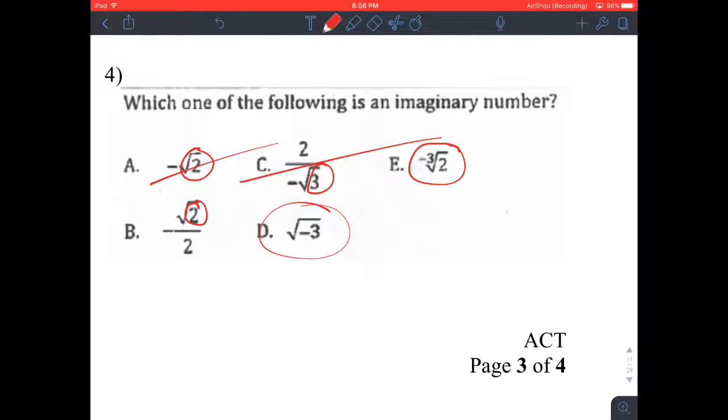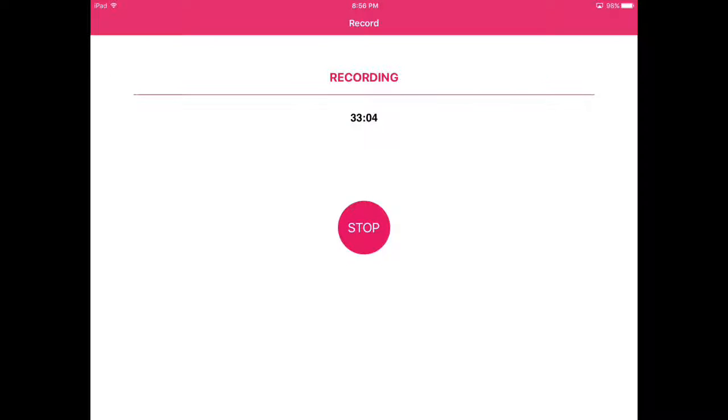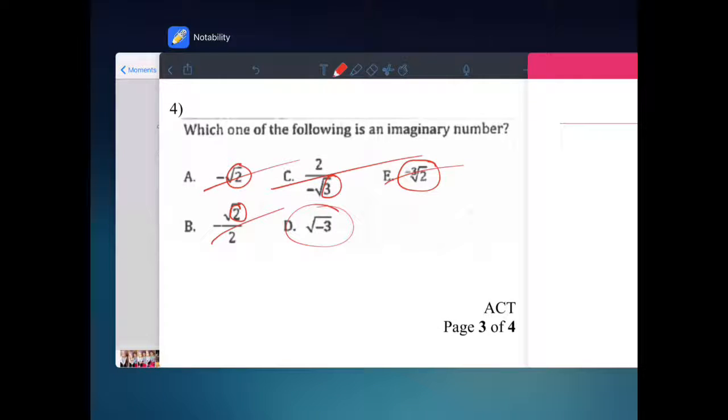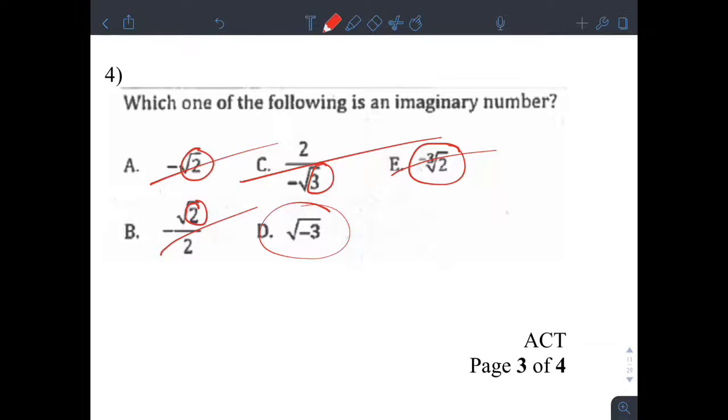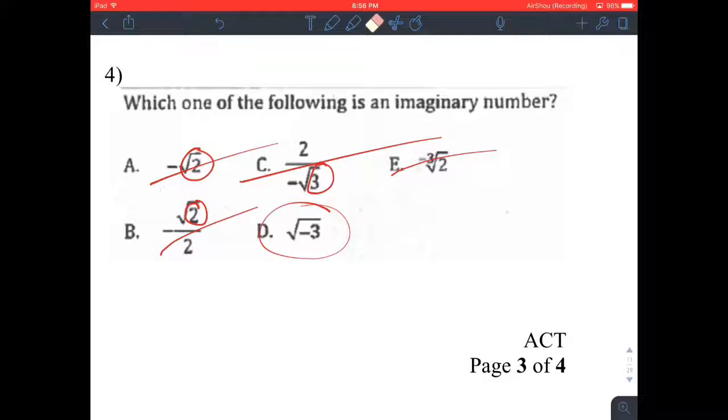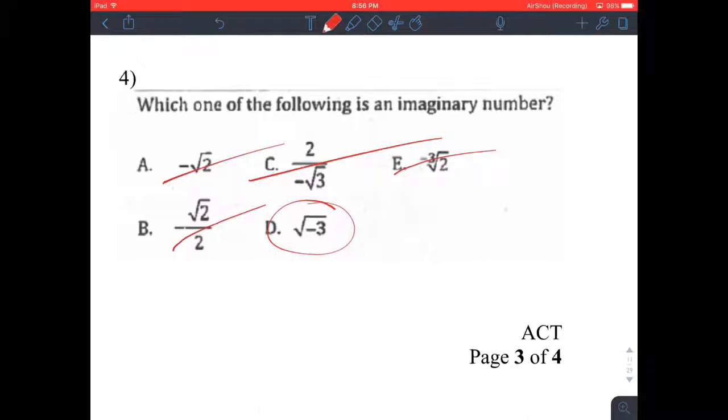It's imaginary because, I shouldn't have circled those. Whoops. Sorry about that. User error. I should not have circled those because that implies the correct answer. Let me just mark those through. So 4 is the correct answer because the even root of a negative number is imaginary.